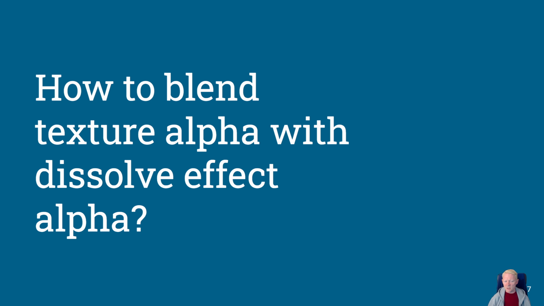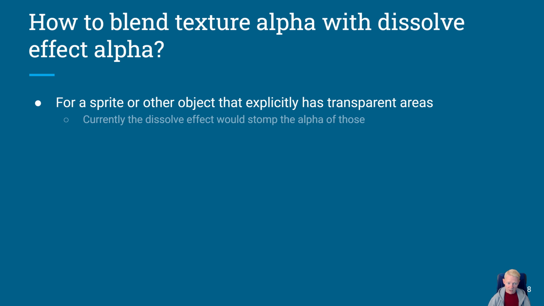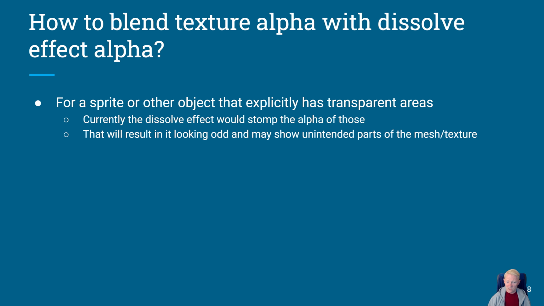But then if you have the dissolve effect, we get a bit of a problem, because the dissolve works by feeding an alpha that it's calculated from a noise map into the output alpha. So the transparent areas would get stomped, and that's going to create visual artifacts. It's going to look odd.